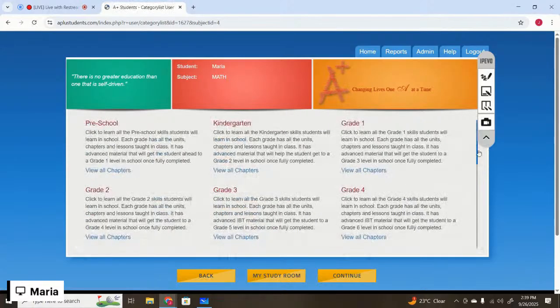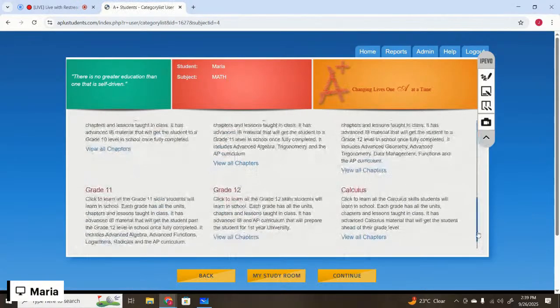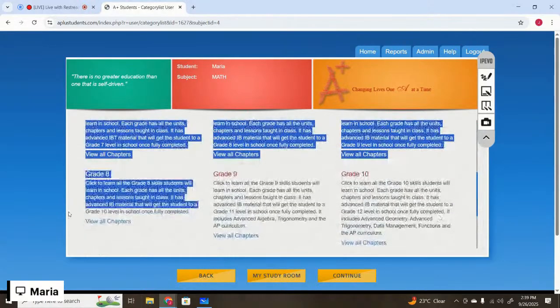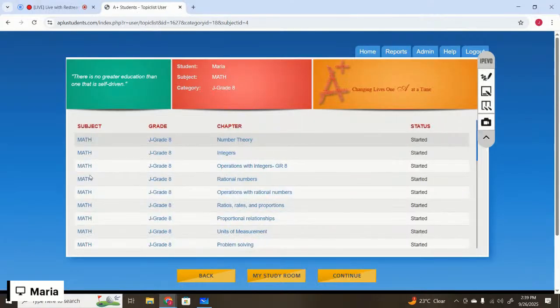If you need more help with any of the lessons, you can simply click on the live chat button. Tutors are available there to help you, or you can write them down in the chat box.